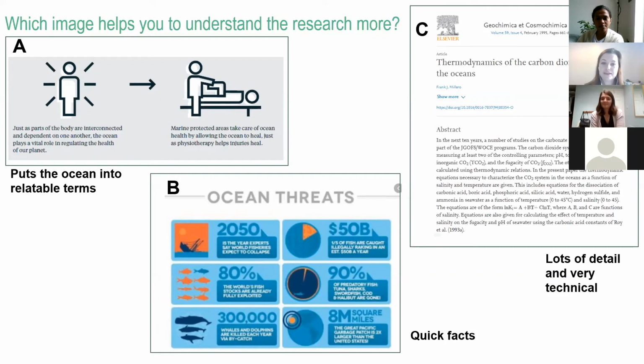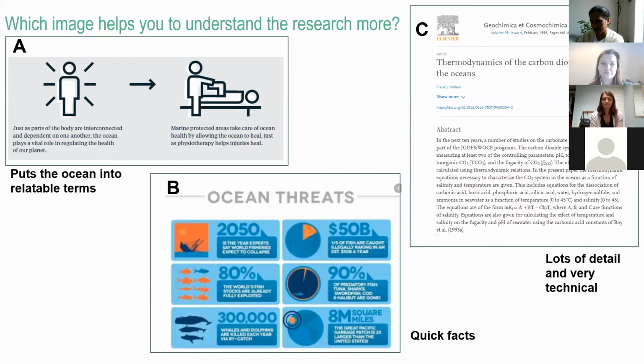But B is, I think, probably the most common way of making your research a little bit more interactive, this infographic, with bright, bold, key facts as a way of portraying your research. So it is a great way to start getting your research understood in almost bite-sized bits.